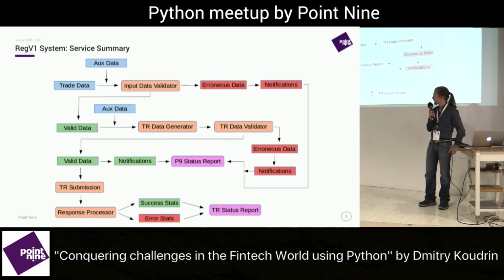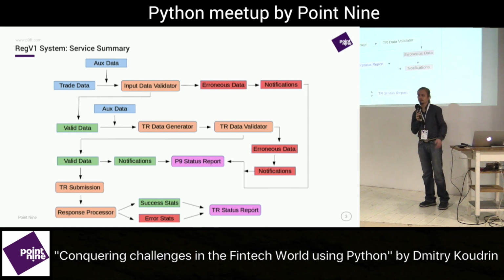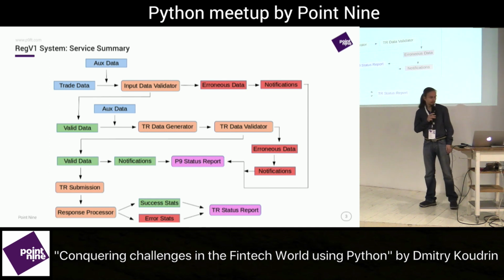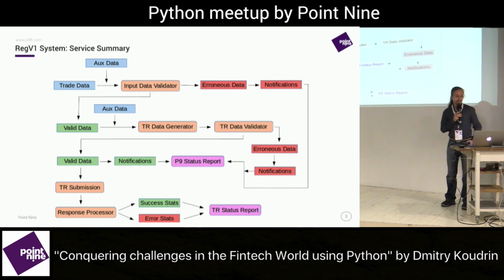After that, we wait for responses from TRs, and we again generate reports based on CME, DTCC, or Unavista responses. So it can either be accepted or not accepted, and depending on the reason why it is not accepted, we can then notify our clients about the further actions that they need to perform. Or we can handle some of them from our side, so that we don't bother our clients with some requests.